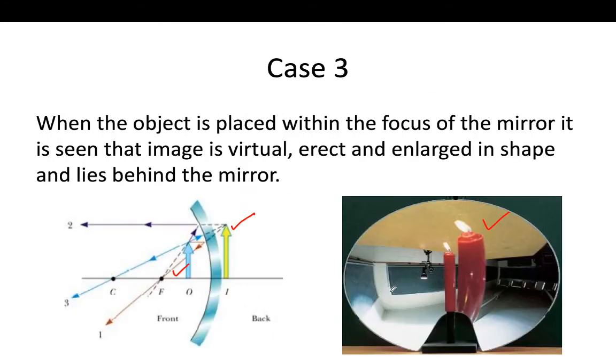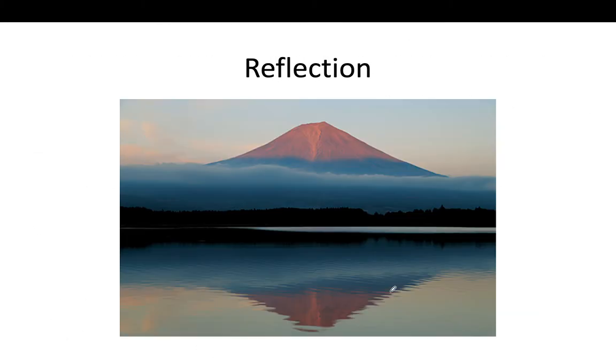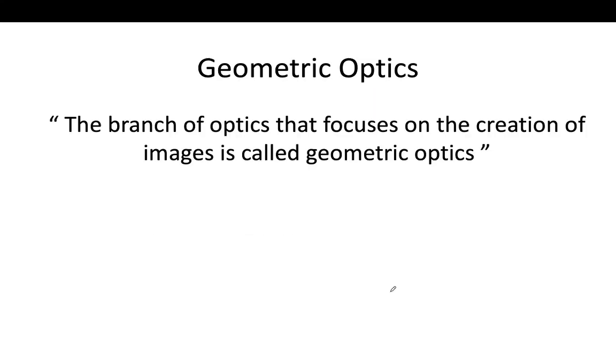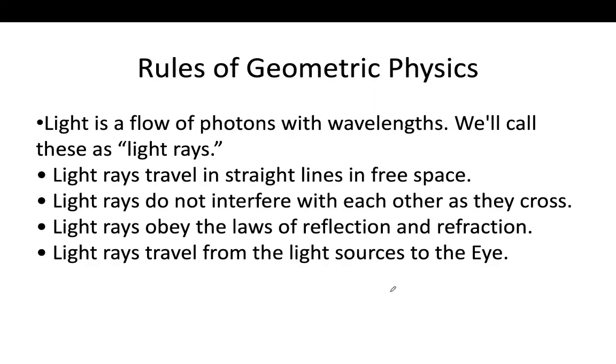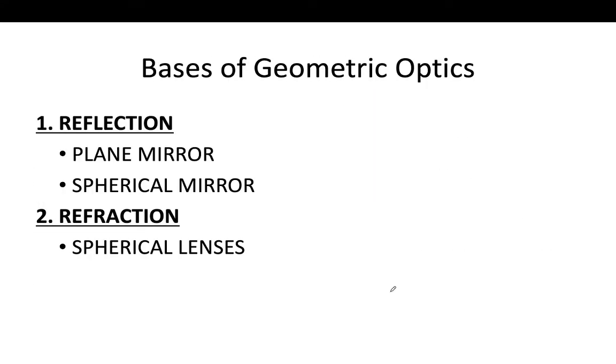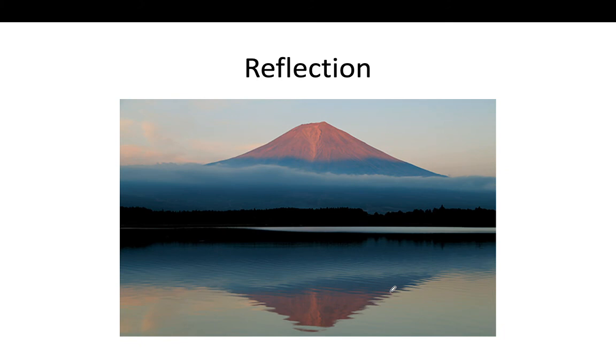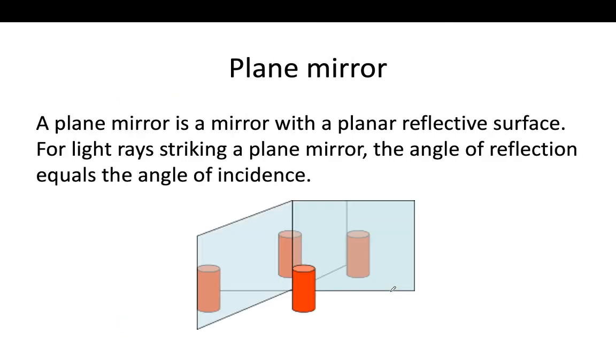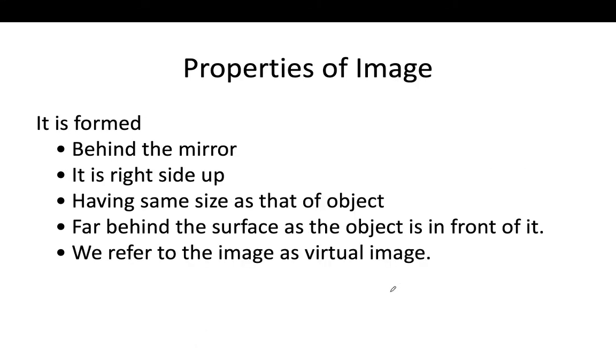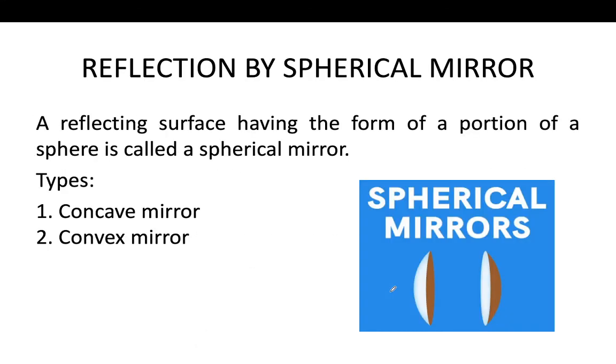So in today's lecture we studied what geometric optics is, what its rules are, and the two main principles, reflection and refraction. We studied what reflection is and its types in plane mirrors and spherical mirrors, and in spherical mirrors there were concave and convex mirrors.